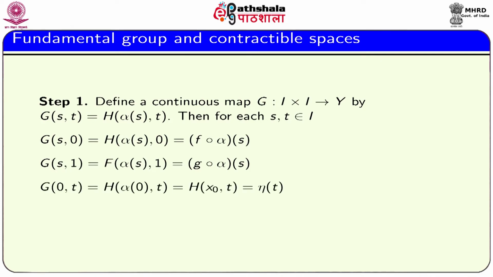Also, G(0,t) is H(alpha(0), t), which is H(x0,t), and that is equal to eta(t), and G(1,t) is equal to H(alpha(1), t), and that is H(x0,t), and it is eta(t).